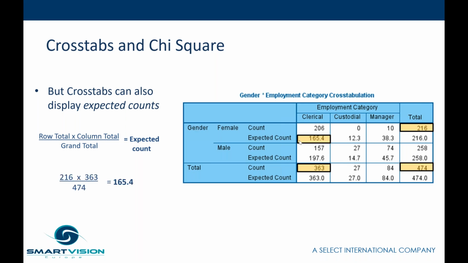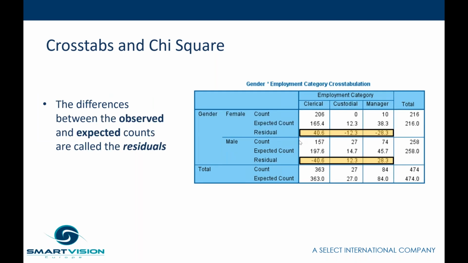And you can calculate these for all of the cells in the data set, and you get different expected frequencies. The difference between the expected count and the actual count, the actual delta if you like, so you can see a difference between 12.3 here and 0 is minus 12.3, is called the residual. And obviously, if you added up all those residuals, it would sum to 0.